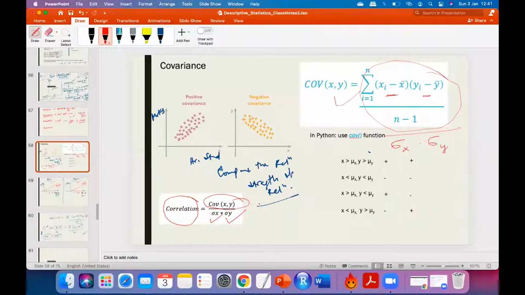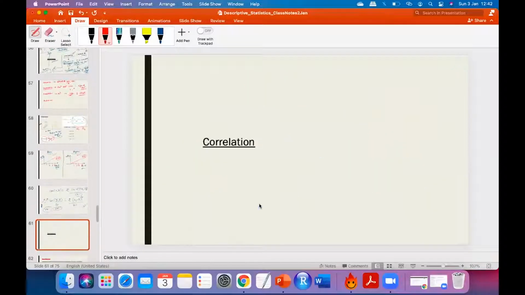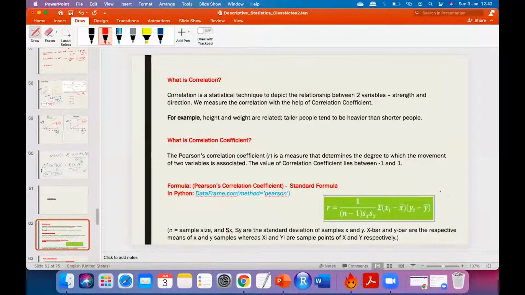Is this formula of correlation clear? So that when I show you the larger formula, you won't get confused. You can write sigma x, sigma y, or sx and sy also.